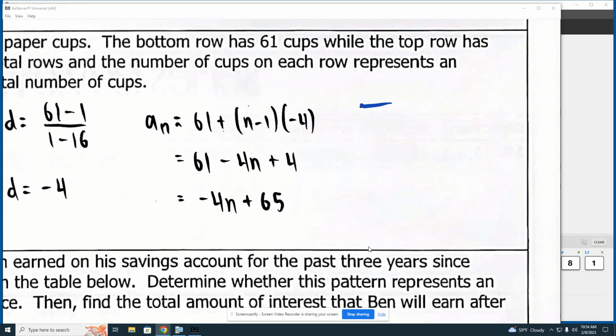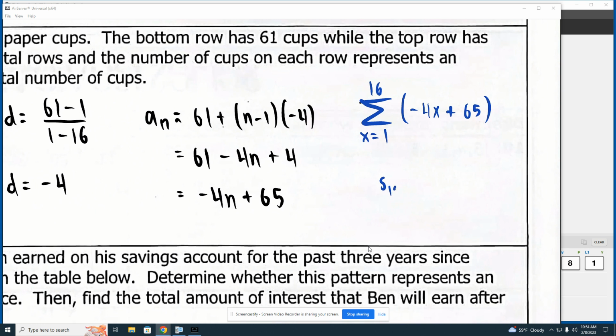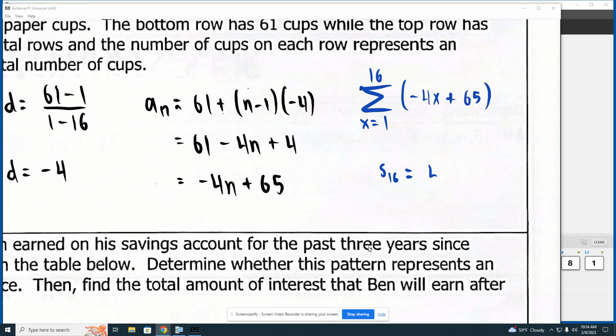We use the big E. So go to your calculator, go alpha window number 2, and we're going to go from the first to the 16th row for the equation negative 4x plus 65. See? That's where we know we have to do S sub 16. We're adding up all of the terms, all of the rows through the 16th term. And how many cups are there total? 496 cups.